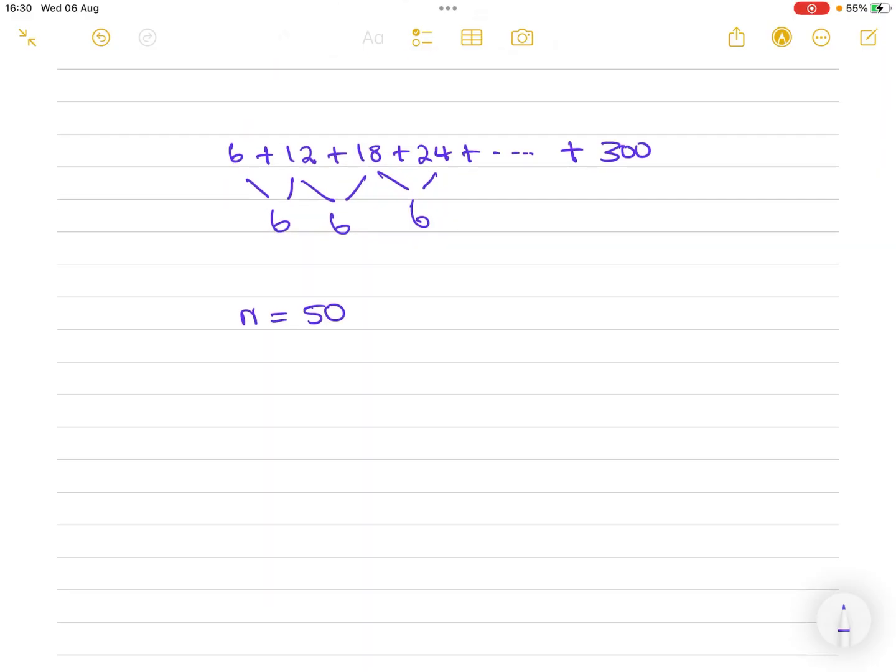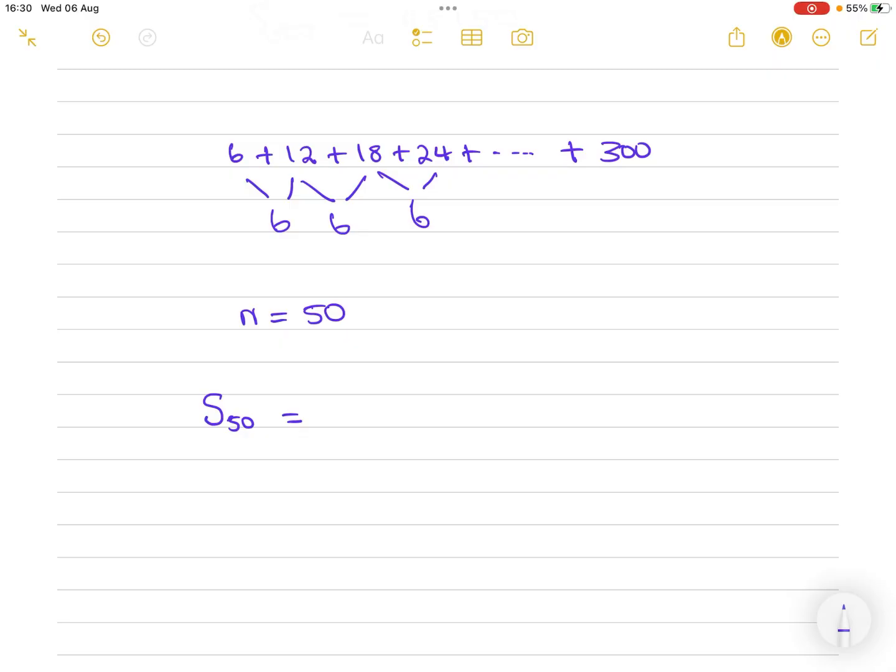Since now I know that my series has a constant difference, that tells me I have to work with an arithmetic series consisting of 50 terms.